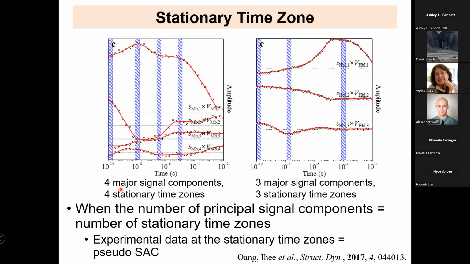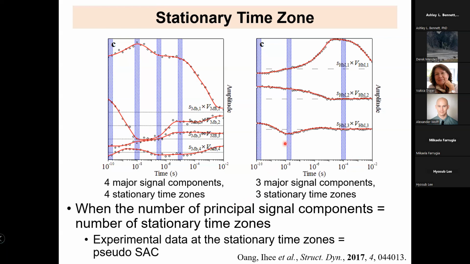Because the numbers match, we can apply the SAPA method. In this example of the HbI, there are 3 signal components and there are 3 stationary time zones. And because the numbers match, we can apply the SAPA method.